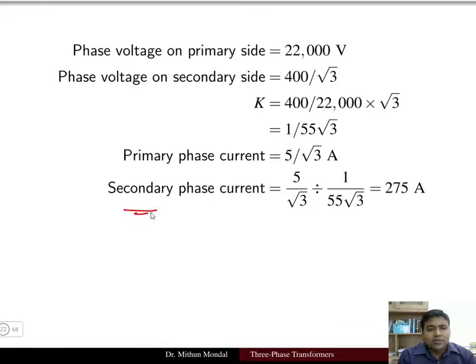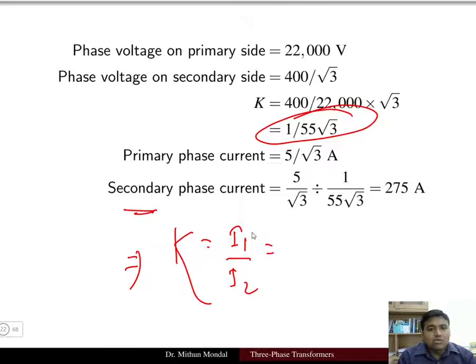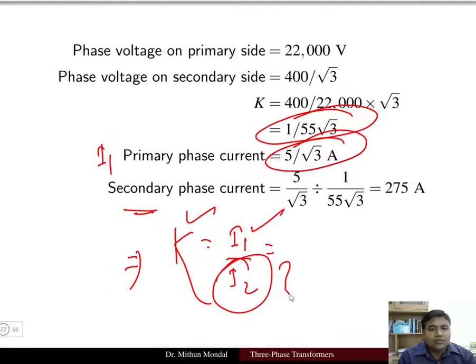Secondary side we can obtain from the relationship K is equal to I1 by I2, the ratio of the currents, which is equal to the transformation ratio. So transformation ratio you have obtained this much, and we have also obtained the value of the primary current I1 as this much. So substituting the values of I1 and K, we can get the value of I2.